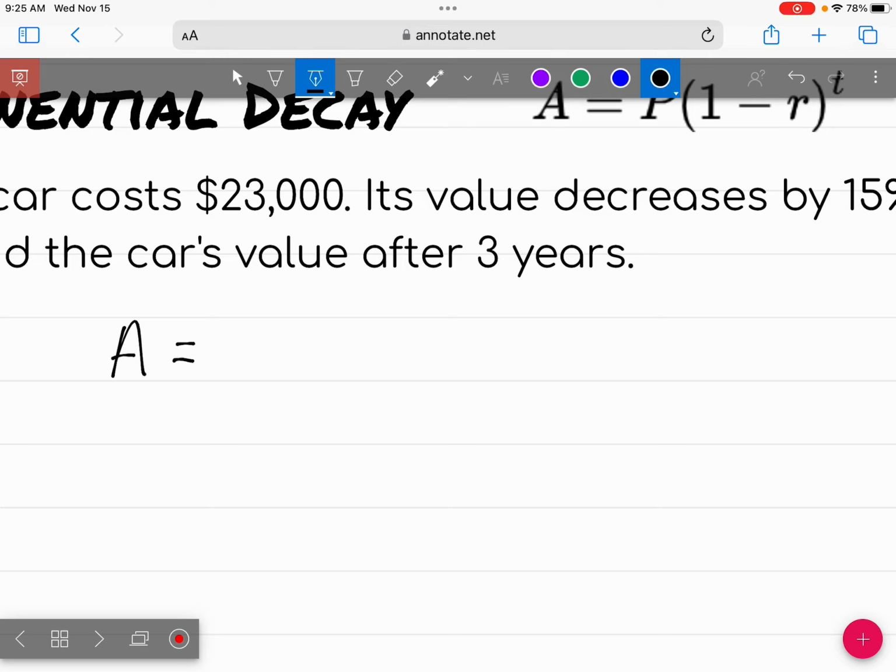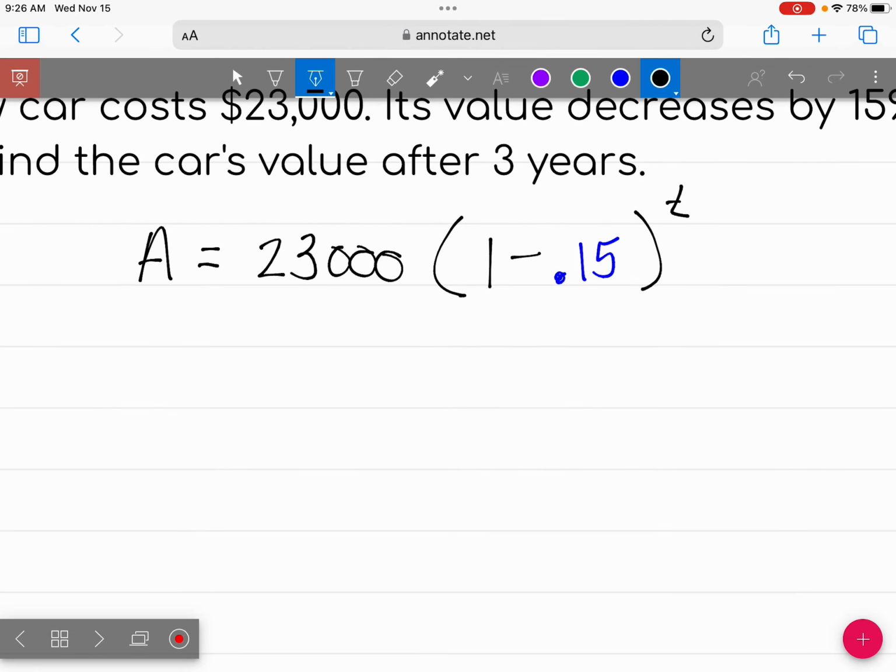Our amount is 23,000 times 1 minus 0.15. Do not forget to switch it to be a decimal. To the T. But we are specifically asked about what happens at 3 years.